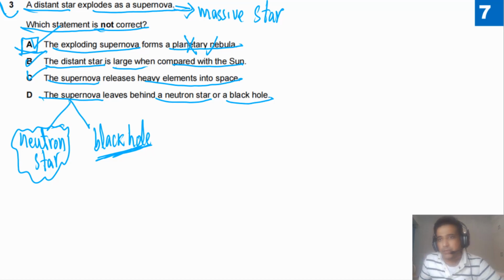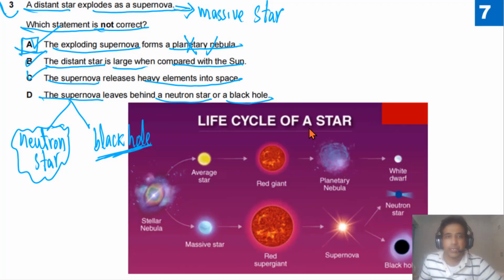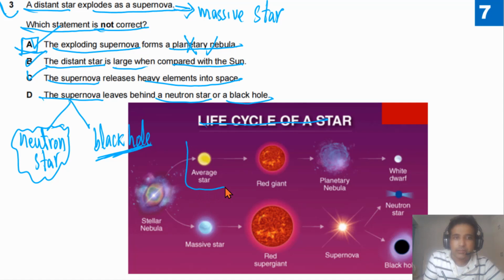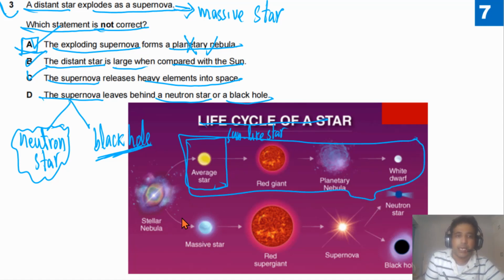Let's try to understand this one with the help of the figure as well. This figure is very important. You need to understand the life cycle of a star. This life cycle is for an average star, meaning sun-like stars. Sun-like stars follow this cycle, and massive stars follow this cycle.